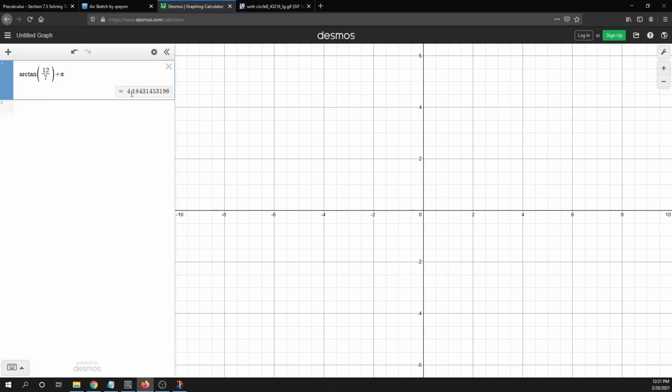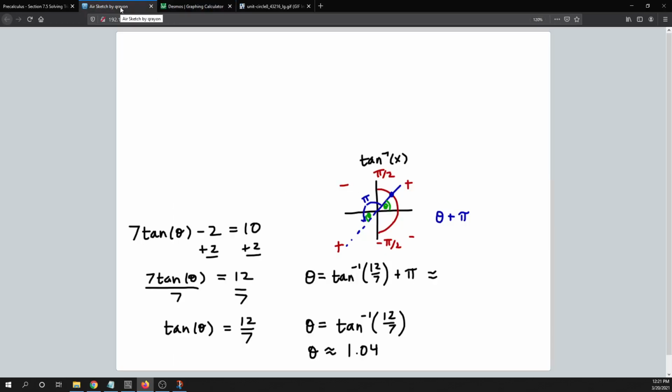And that's going to give us 4.18 to 2 decimal places. And so that will be your other answer in this one. All right. And that is it for this problem.